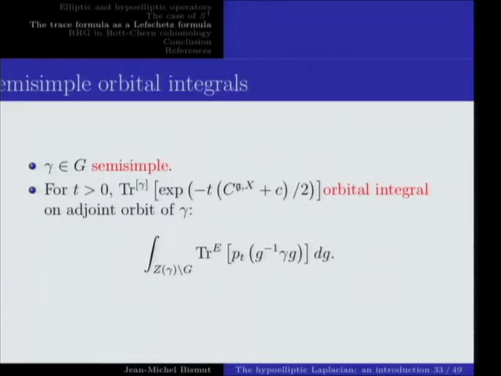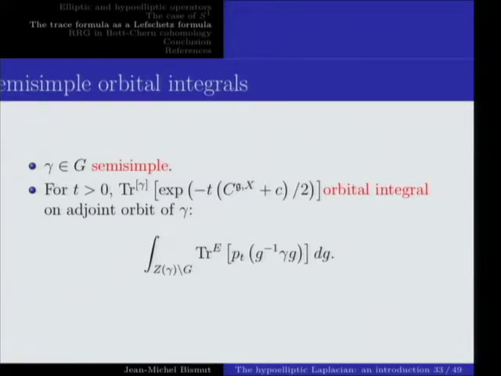So I won't go much into this, but essentially, over the symmetric space, if you take gamma as a semi-simple element, you just look at the quotient of G by its centralizer. And this is an orbital integral where PT is, say, the heat kernel on the symmetric space.